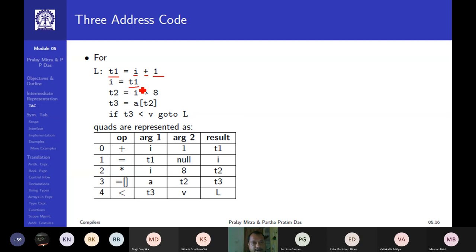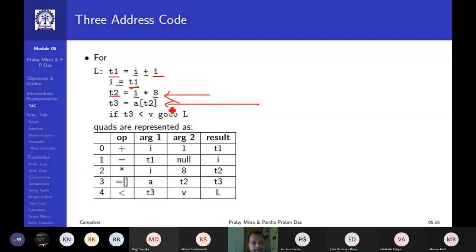For the second one, my opcode is assignment, argument 1 is T1, argument 2 is absent, so that's null, and the result will be stored in I. Similarly, for this one, opcode is multiplication, argument 1 is I, argument 2 is 8, and the result will be stored to T2.